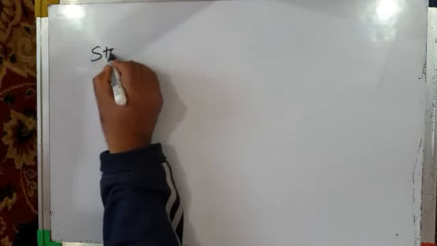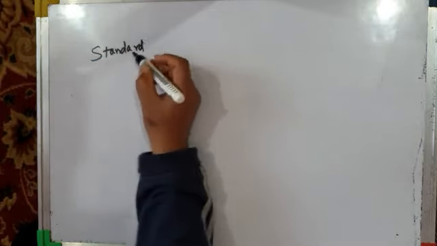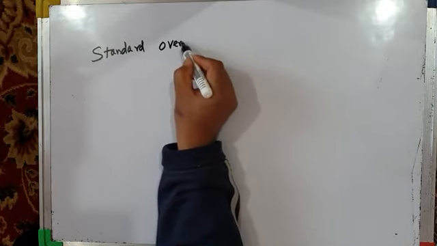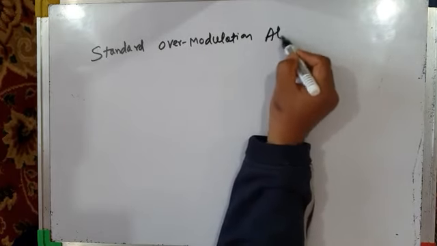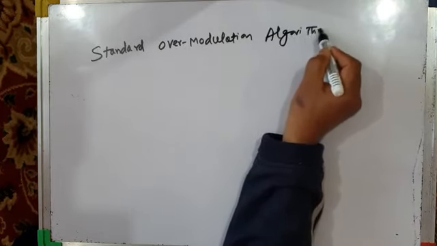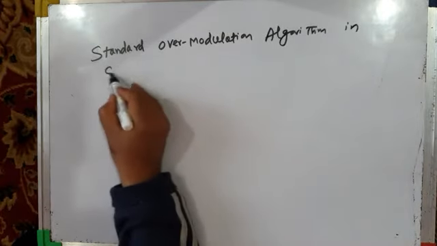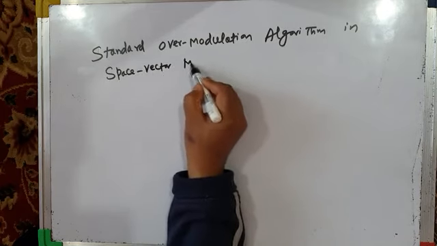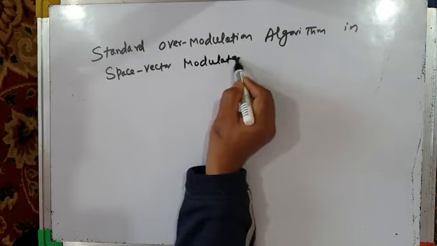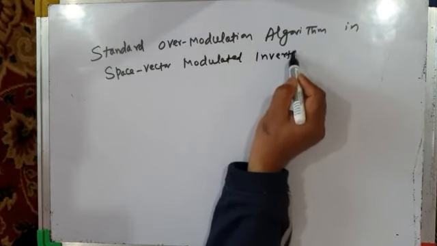Now, there is some literature. If you find in the literature, over-modulation in space vector modulated inverters, they have developed some standard over-modulation algorithm. So I will write here: standard over-modulation algorithm in conventional space vector modulated voltage source inverters.